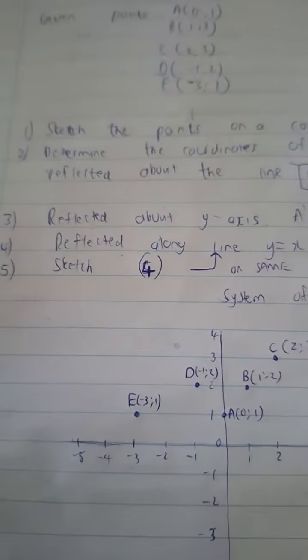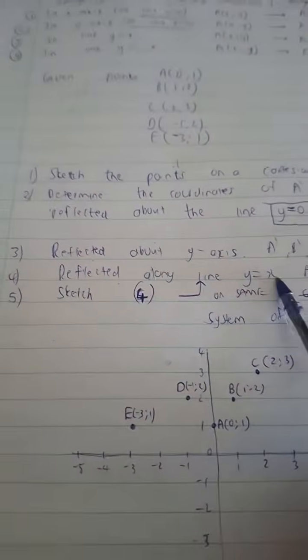Then last but not least, they said we need to sketch 4. So we need to sketch what we got here on the same system of axes. On the same system of axes.